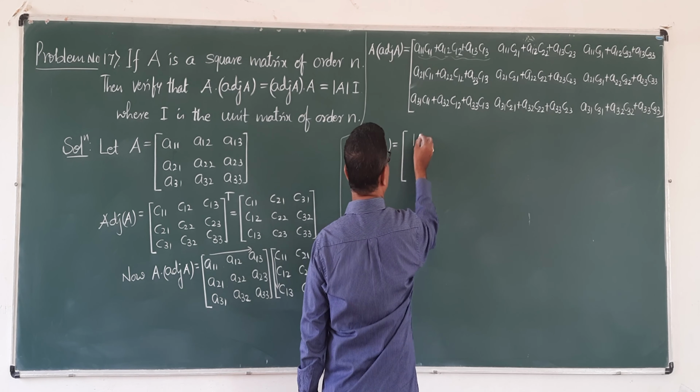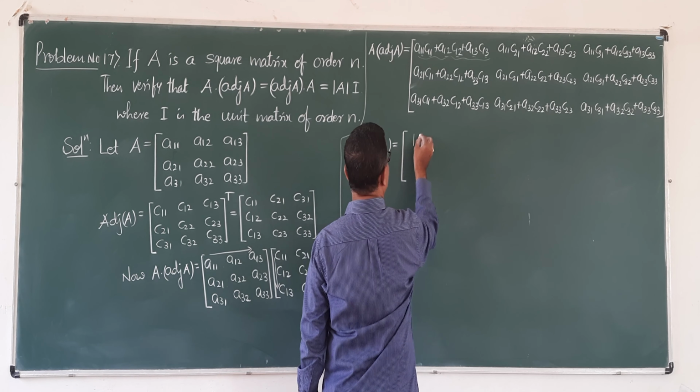So A into adjoint of A is equal to determinant of A into the identity matrix I. Call it equation 1. Similarly, adjoint of A into A is equal to determinant of A into I. Equation 2.